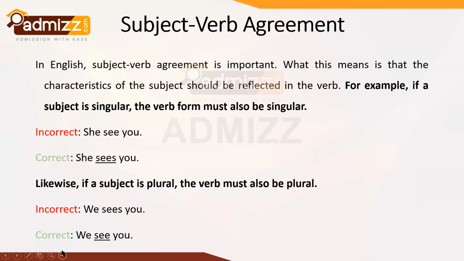So the correct form is we see you. Why? Because sees is a singular form of the verb, because there exists an s at its end. And since we is a plural subject, there has to be a plural verb. So we see you is the correct sentence, because it contains proper subject-verb agreement.